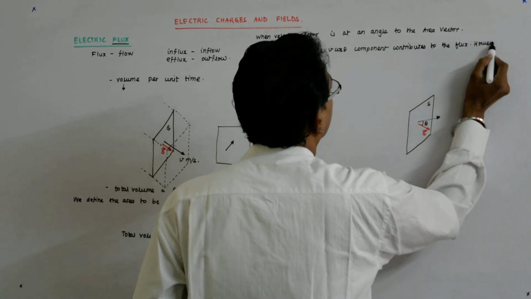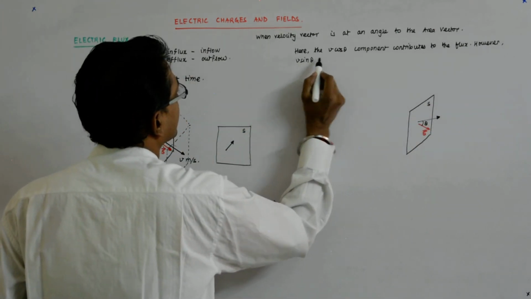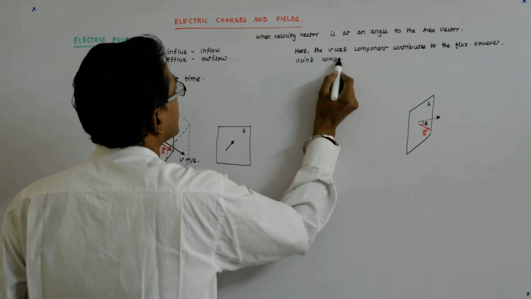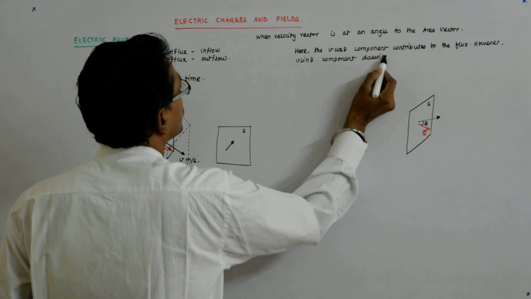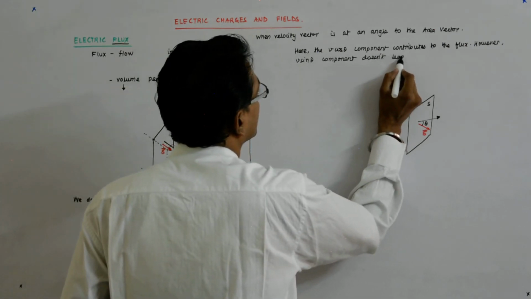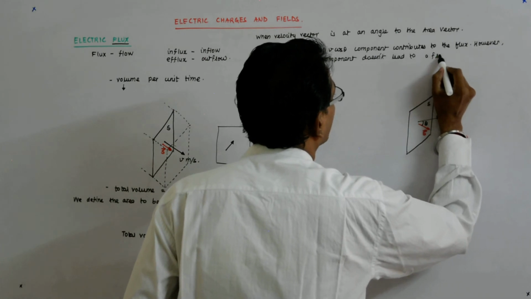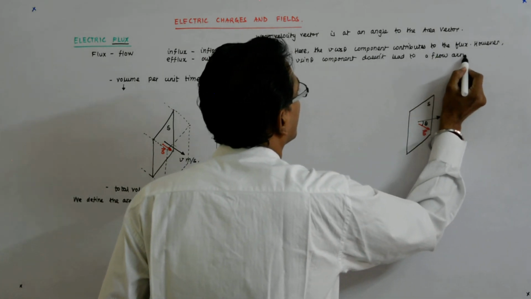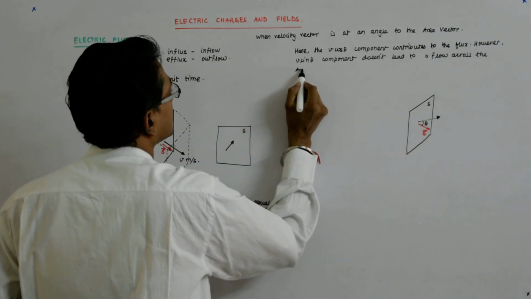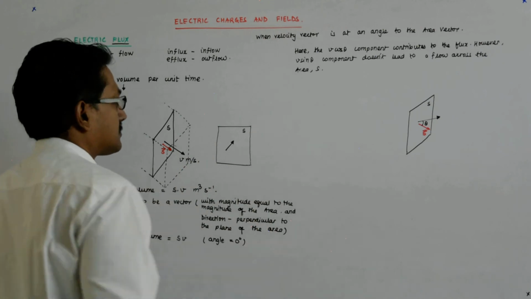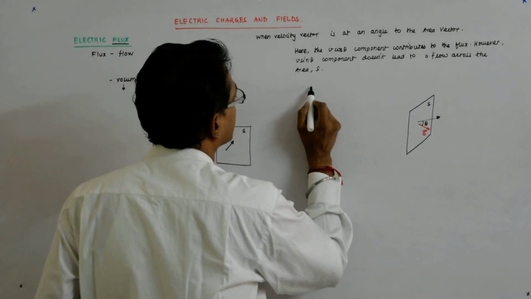However, the v sin theta component doesn't lead to a flow across the area S. Right? So what is the flux?